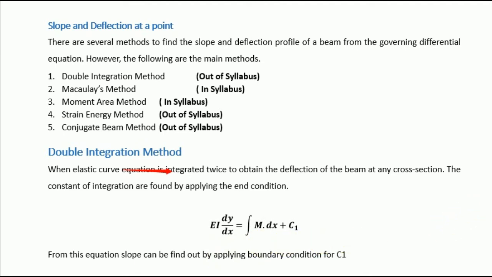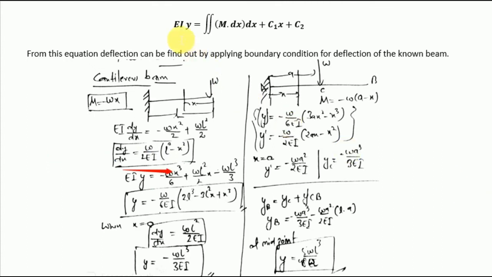And if we again integrate this equation, then we find EI y is equal to double integration of M dx into dx plus c1x plus c2, where c1 and c2 are the constants. Then how can we solve this equation for any particular loaded beam?